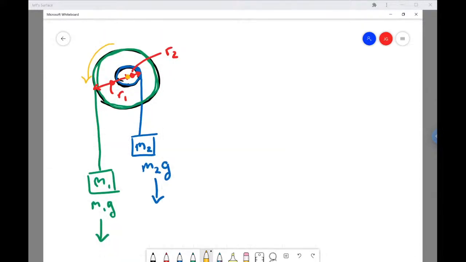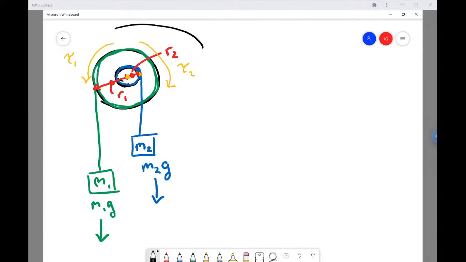On the other hand, mass 2 is exerting a force on this inner wheel right there, and that's going to generate a torque that will tend to want to make the wheel rotate clockwise. So mass 1 will generate a torque, call it tau 1. Mass 2 will generate a torque, call that tau 2. We have to define one of these directions as positive and the other as negative, and that's the vector nature of torque.